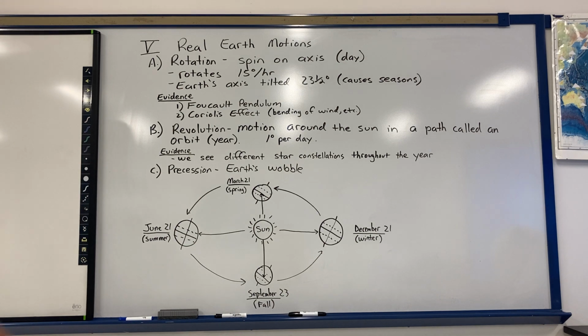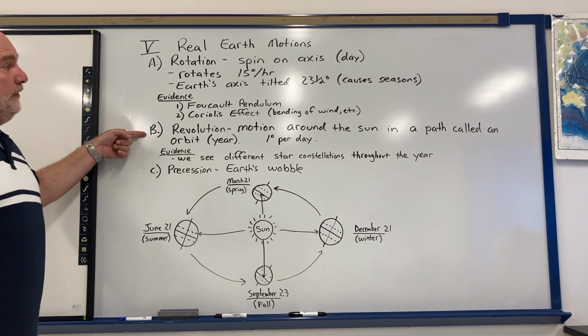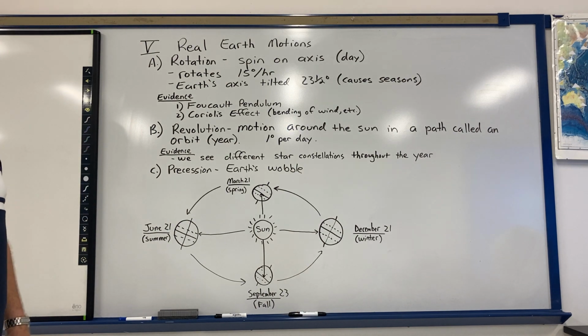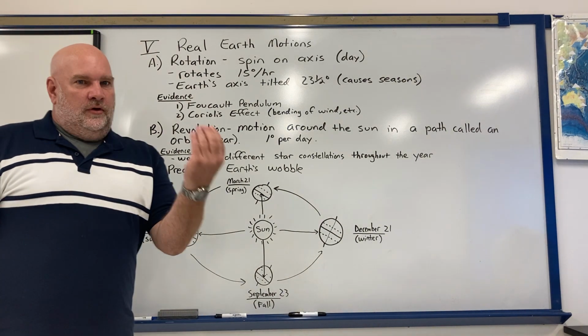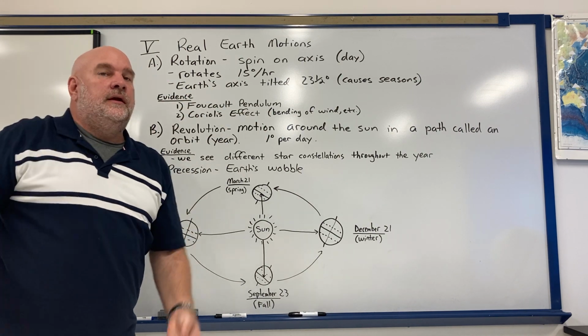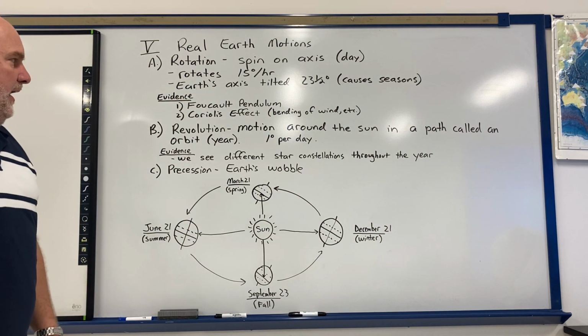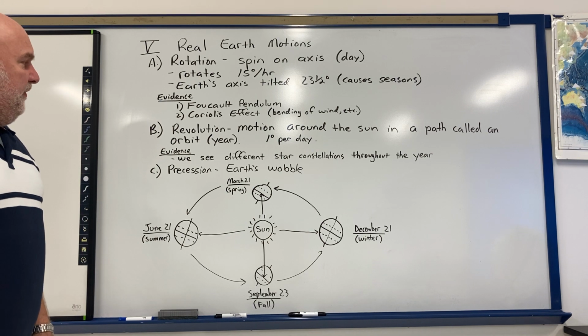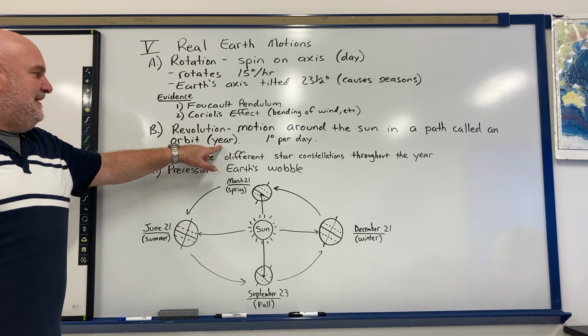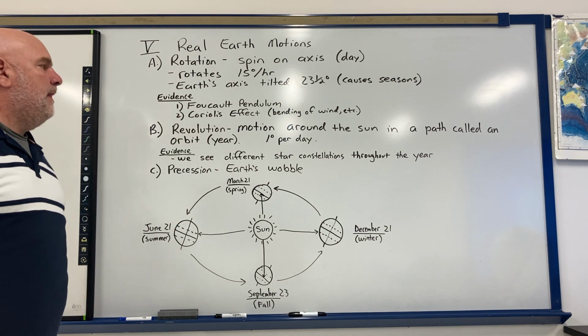Okay, next. Motion, revolution. All right, revolution, motion around the sun in a path called an orbit. So here's the sun, Earth going around it like that is revolution. And a couple things. The unit of time that's based on one Earth revolution is the year.